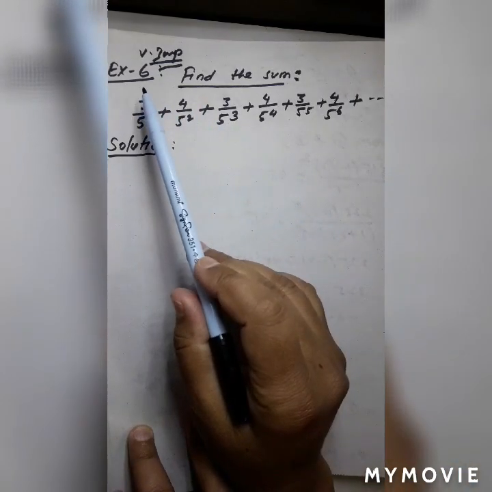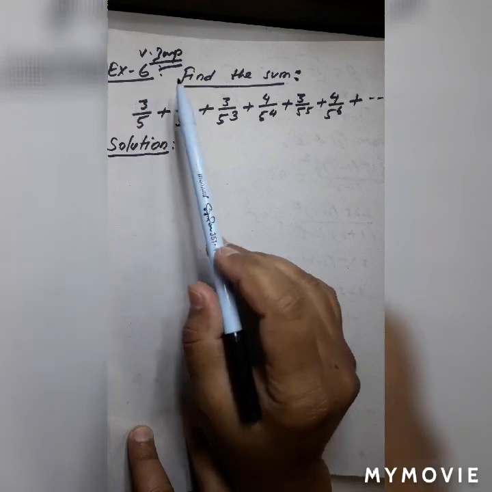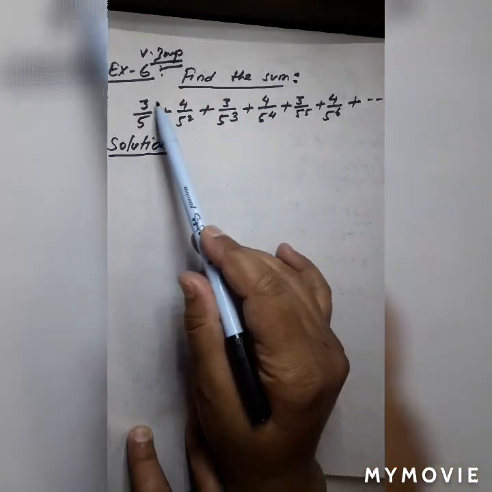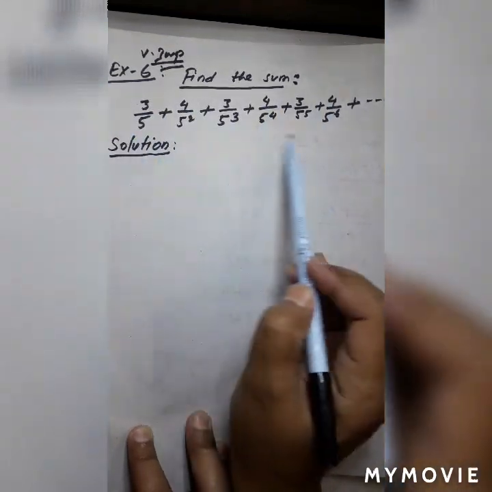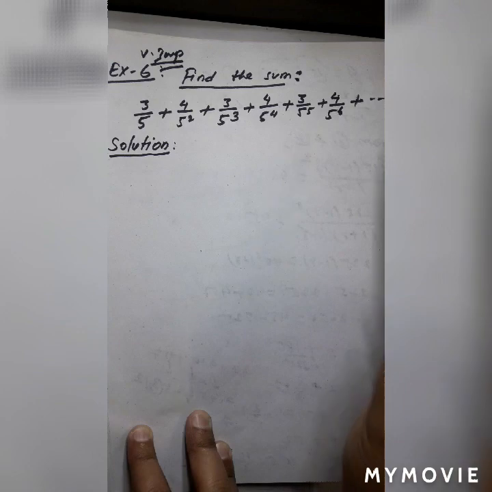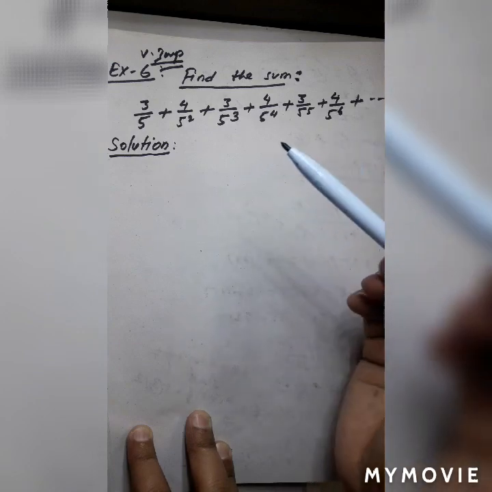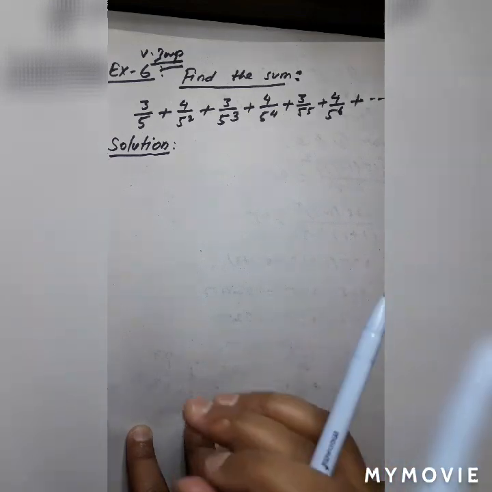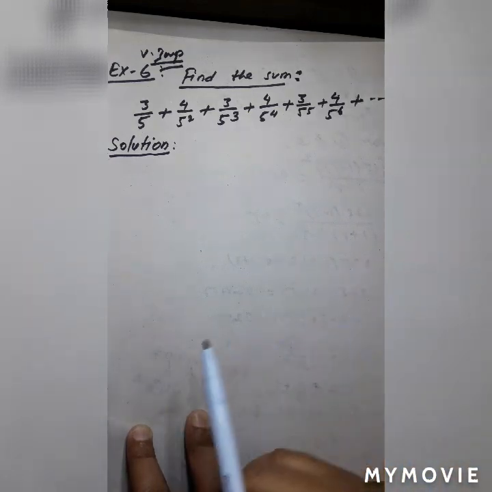Students, here is one more important question: find the sum of this series. But this series is not a geometric series. We can find its sum by using the sum of infinity formula.